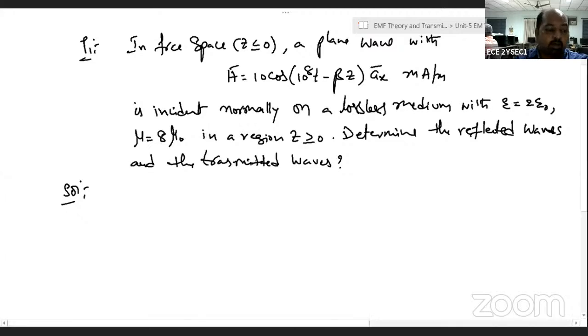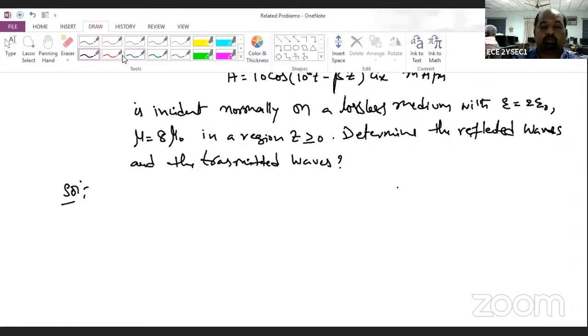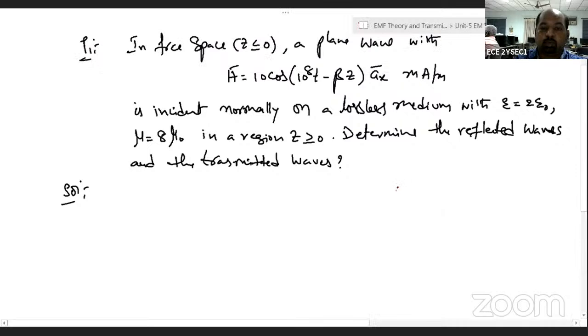So here, first of all, identify the boundary. What type of boundary is this? We have a boundary at z is equal to 0.